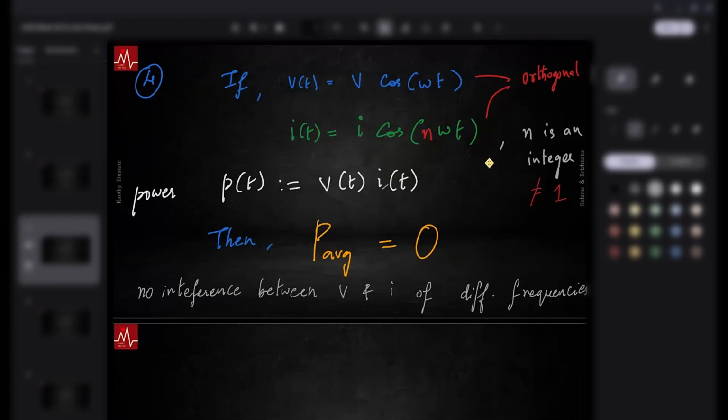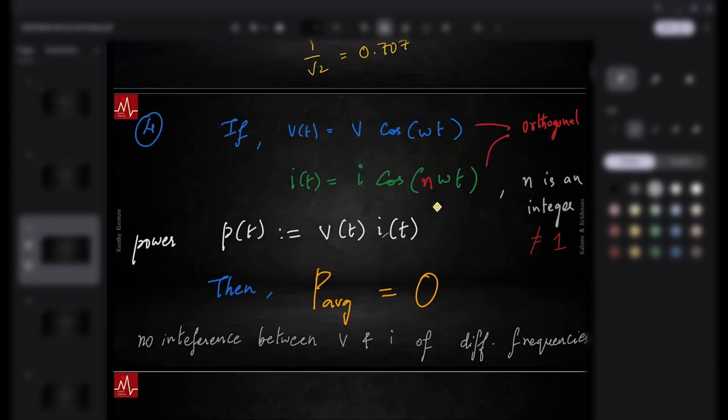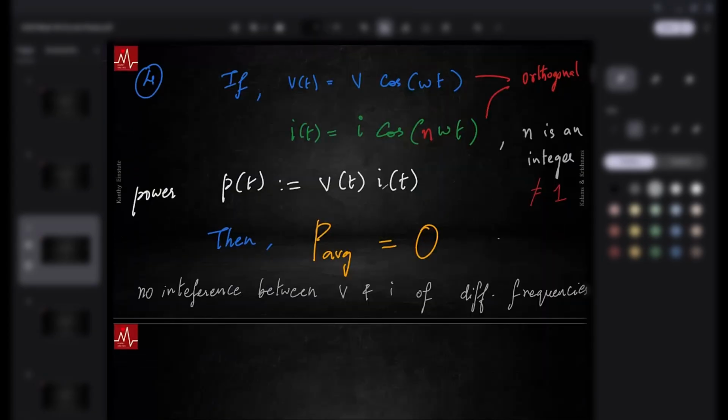It cannot be of a different frequency. I am writing this all down because we have done all the primer, all that integral trigonometry. Today I'm just writing down the results.